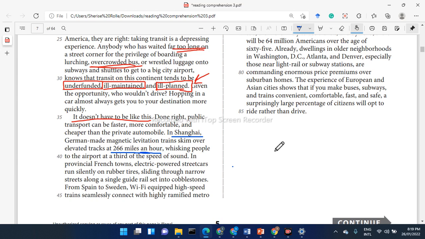How fast does a car go? Regular cars tend to go maybe 30 to 60 miles per hour if you're obeying the speed limit, which is like 30 to 40, generally 60.